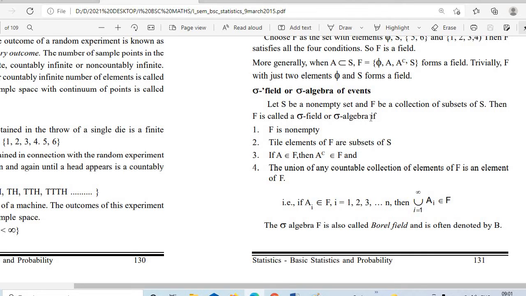Let S be a non-empty set and F be a collection of subsets of S. Then F is called a sigma field if F is non-empty, and the elements of F are subsets of S. If A belongs to F, then A complement belongs to F. Next, the union of any countable collection of elements of F is again an element of F. That is, if Ai belongs to F, i equal to 1, 2, 3 and so on up to infinity, then the union over i from 1 to infinity of Ai belongs to F.